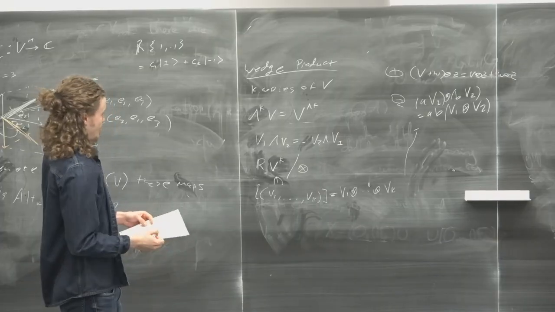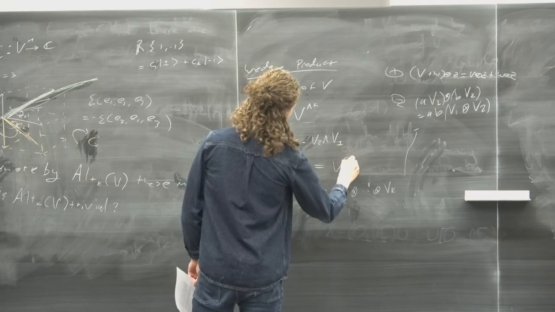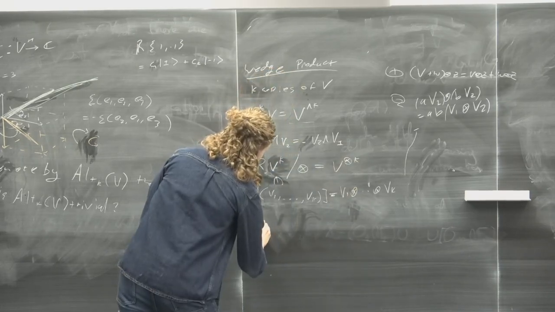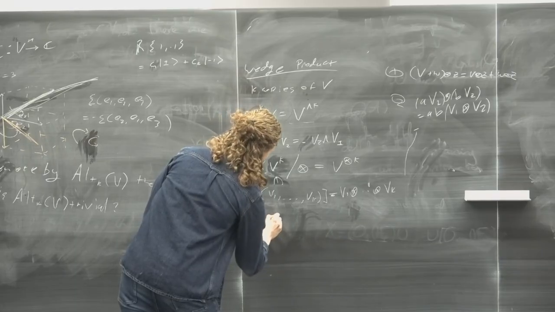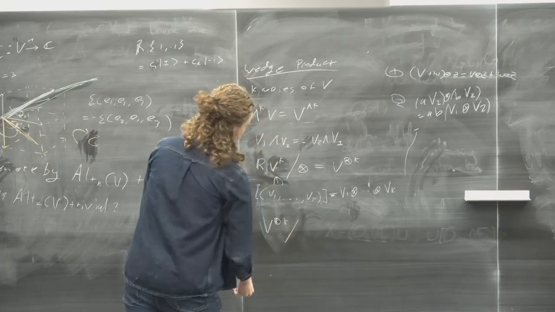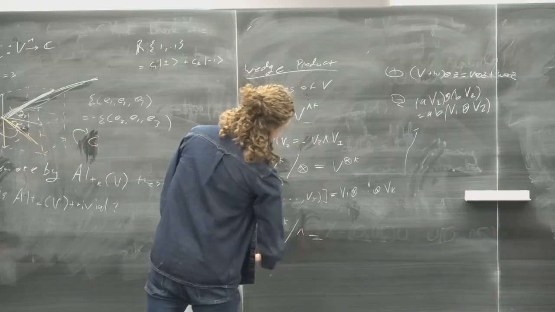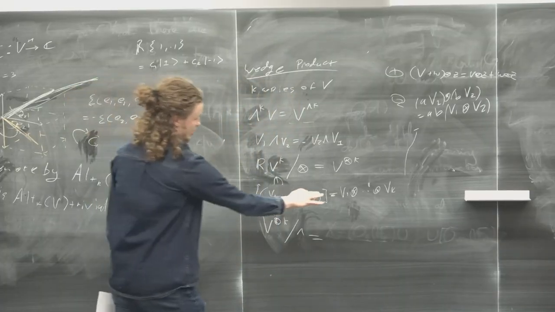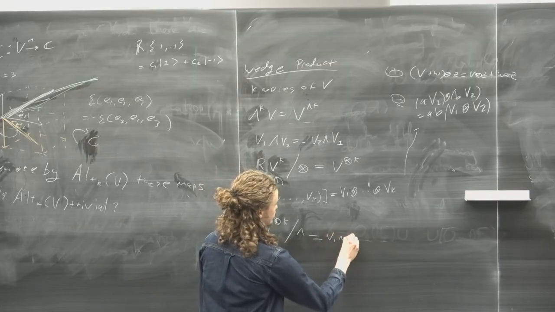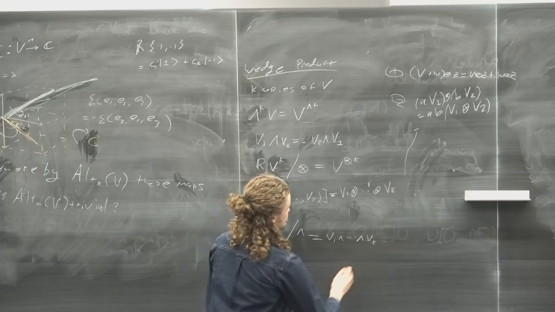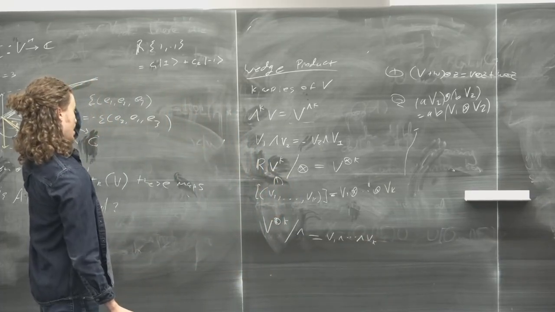Okay, so now this is the kth tensor power of this space. Now we want to define the wedge by taking this space, tensored k times, and quotienting out by these relations. Instead of writing v1 tensored up to vk, I'll write v1 with wedges in between.